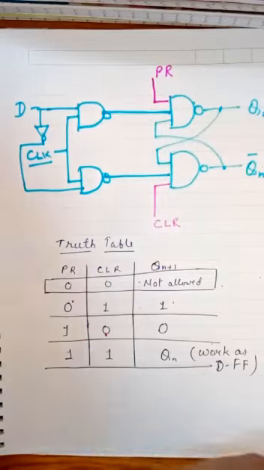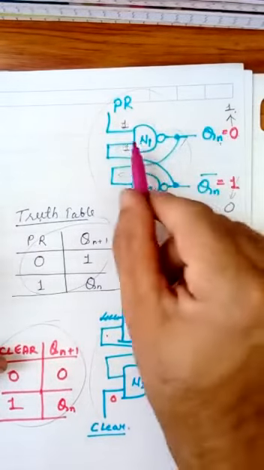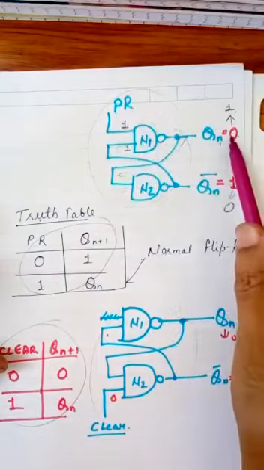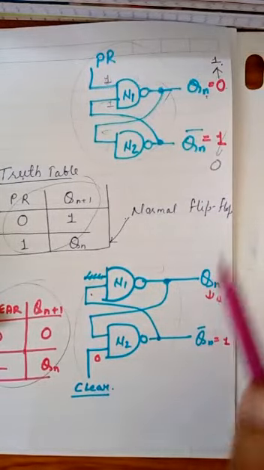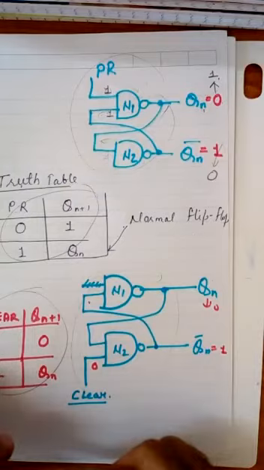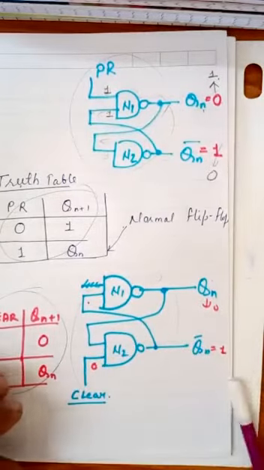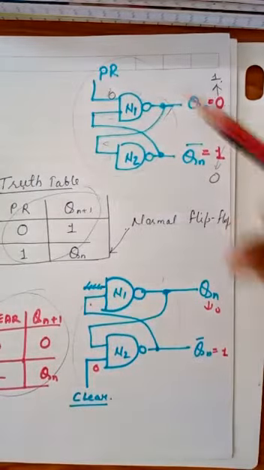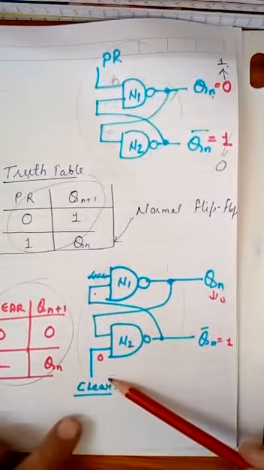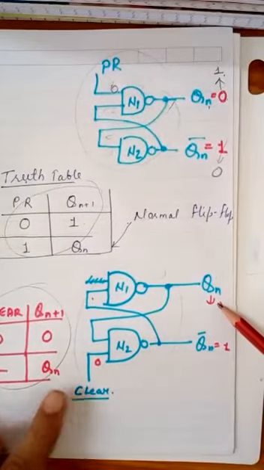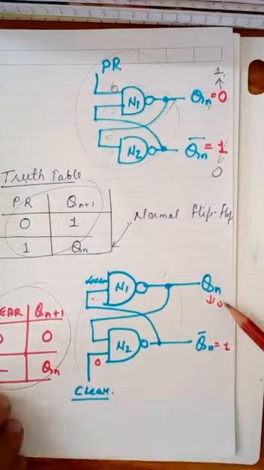From the previous known circuit, there should be 1 at the preset when we want to reset the output, and, sorry, there should be 0 if we want to set Qn as 1, and there should be 0 at clear if we want to clear the output pin Qn as 0.